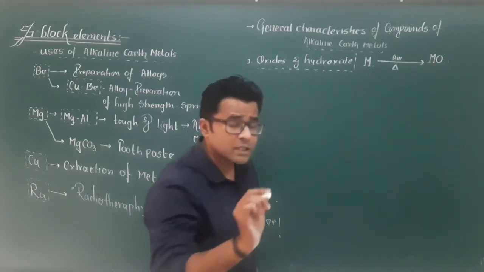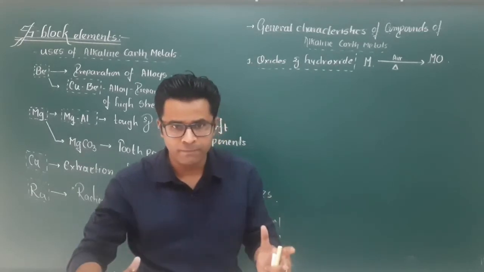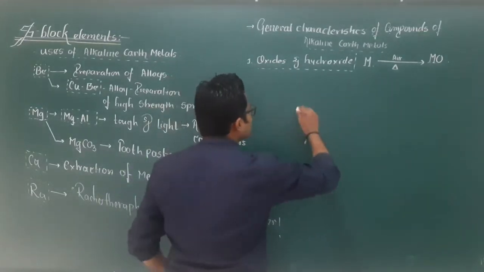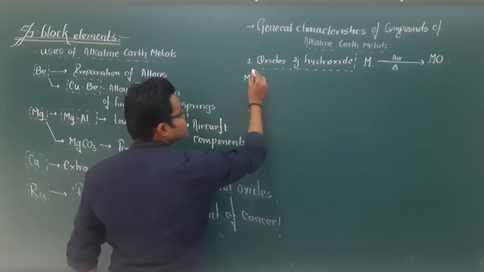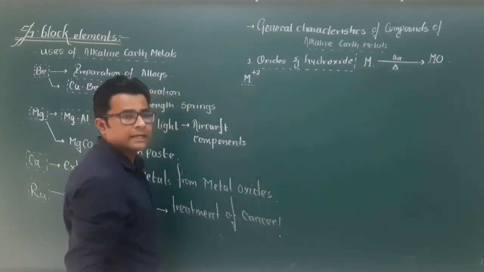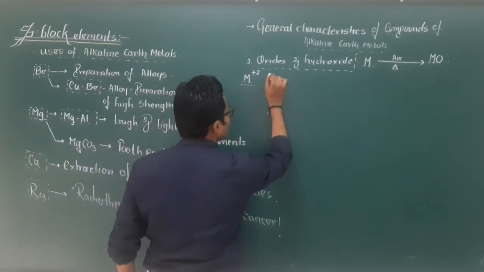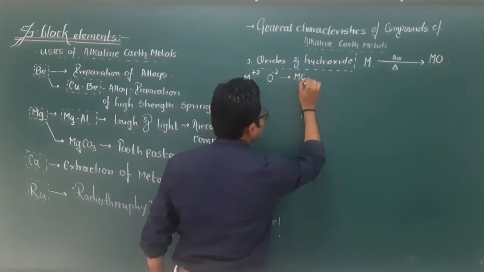Now please observe the representation here. It's simple as MO. Okay, because here all the metals of alkaline earth metals exist in M+2 state. Okay, and so therefore oxygen what we have is -2. Upon combination it will just give us MO.